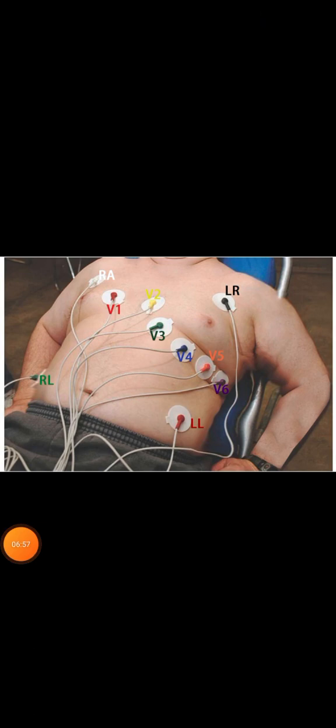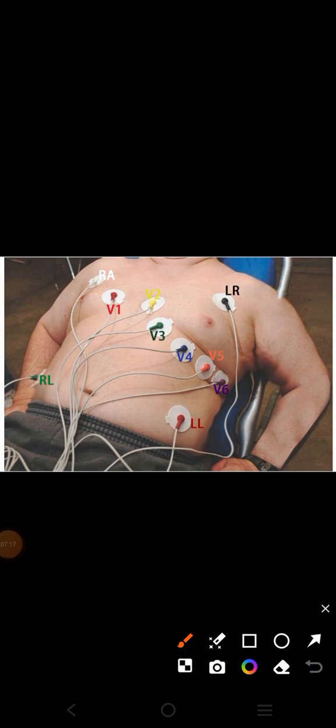Okay, now let's discuss the precordial leads or chest leads. Just remember that there are six chest leads, and six electrodes are placed onto the chest, and you can remember the colors of these electrodes.